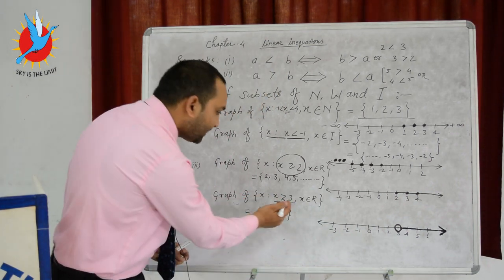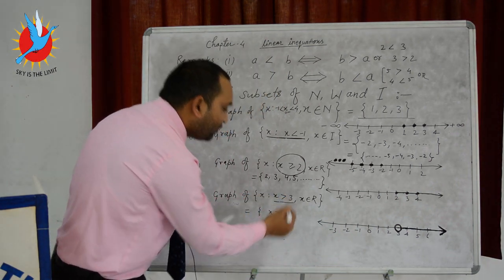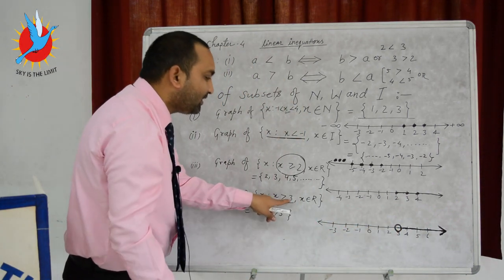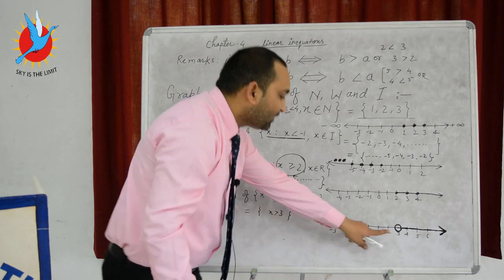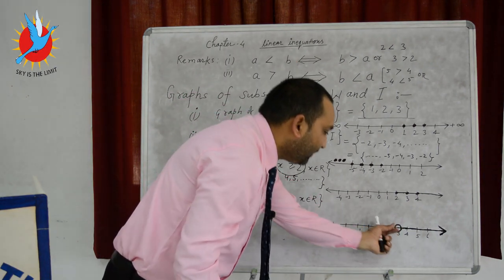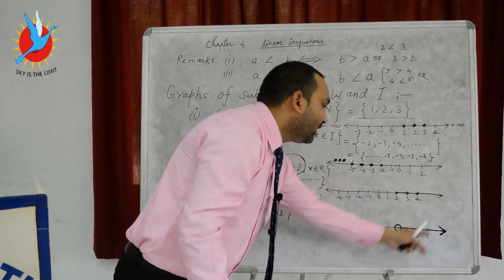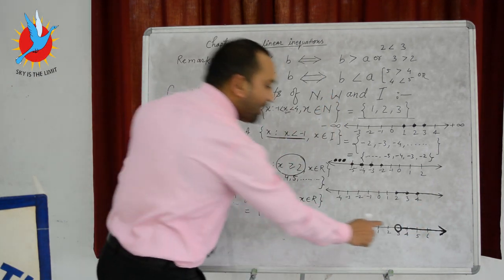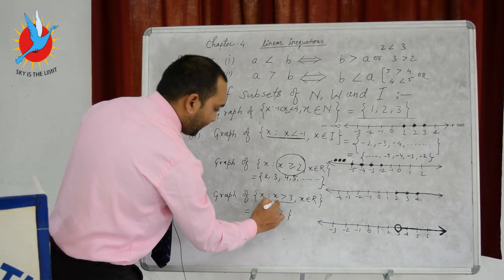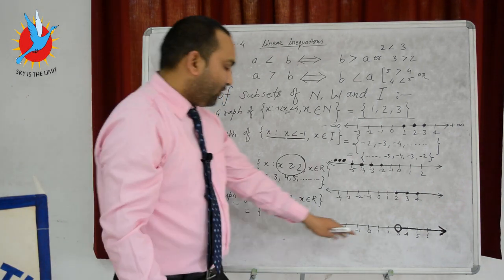If it were greater than or equal to 3, then we would include 3, but here it is only greater than 3, so we don't include 3, and leaving out 3, all the real numbers are the solution of this inequation.